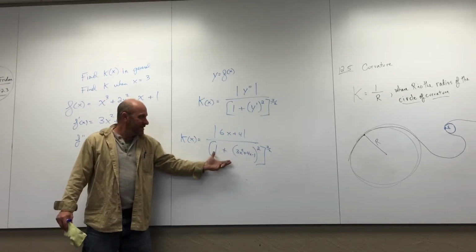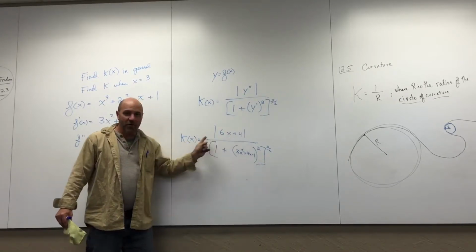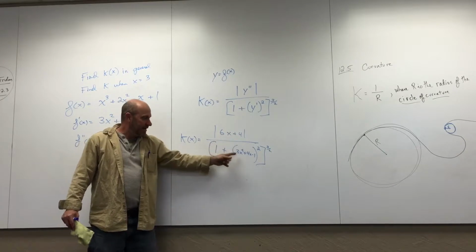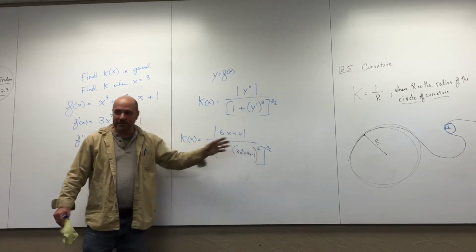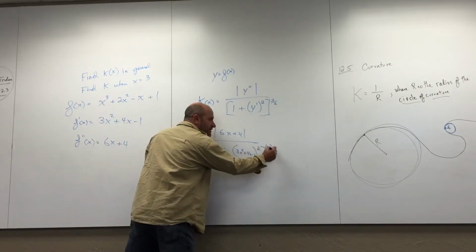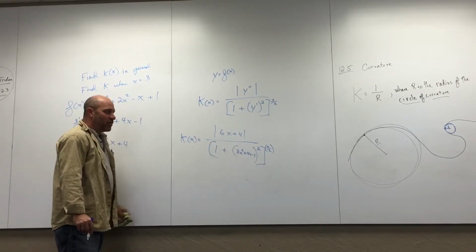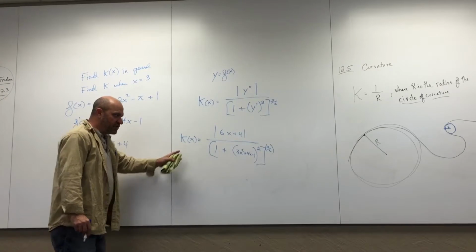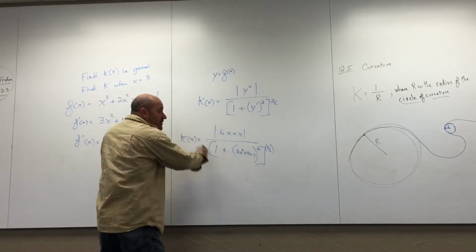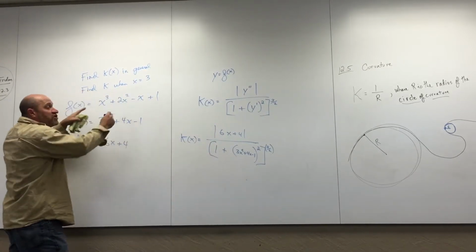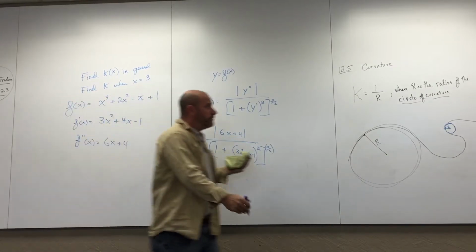You can handle it. You need to find your absolute value button, though, and try to embed all these parentheses. It might be worth looking at the curvature function. But anyway, this is the curvature in general for this function at any point.